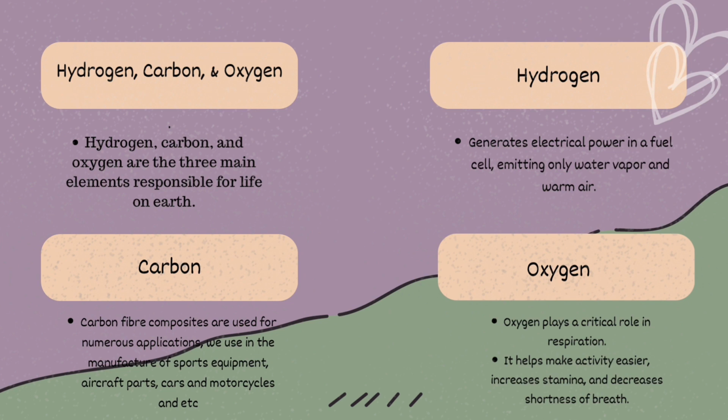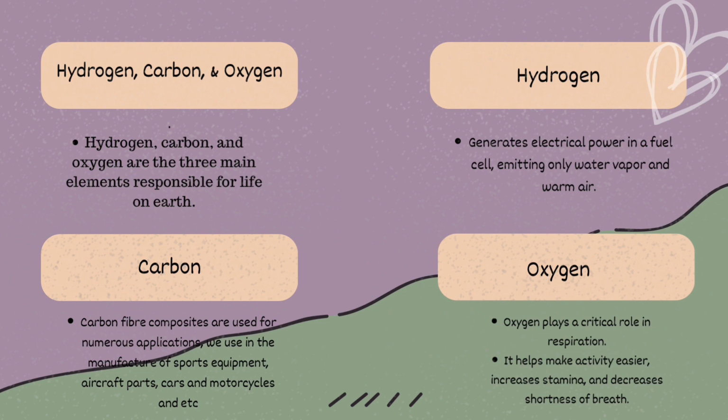Hydrogen. Hydrogen can be produced from diverse domestic resources with the potential for near zero greenhouse gas emissions. Once produced, hydrogen generates electrical power in a fuel cell, emitting only water vapor and warm air. Carbon. Carbon fiber composites are used for numerous applications.